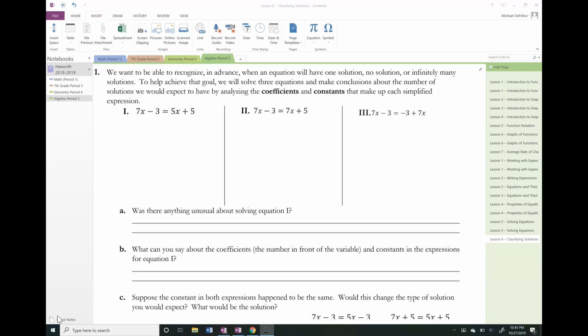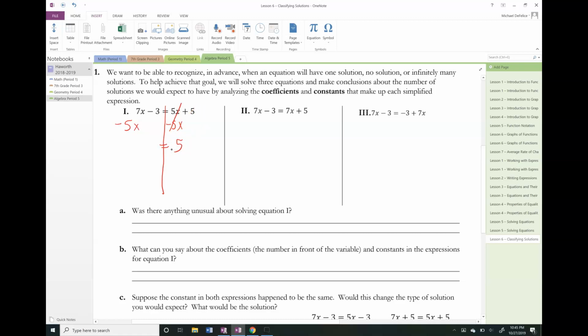Okay, I'm assuming that you tried to solve these on your own, and now I'm just going to go through what each of them would have looked like. For this first equation, I'm going to use the property of equality and subtract 5x to start. On the right-hand side I make my 0 and I'm left with just the 5.